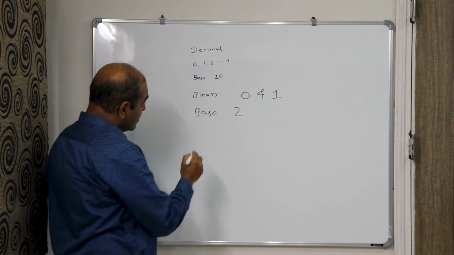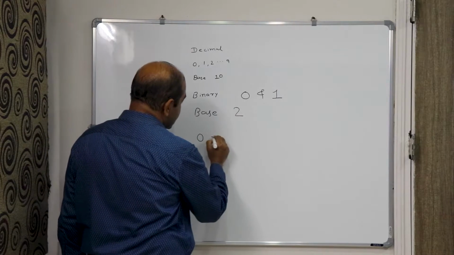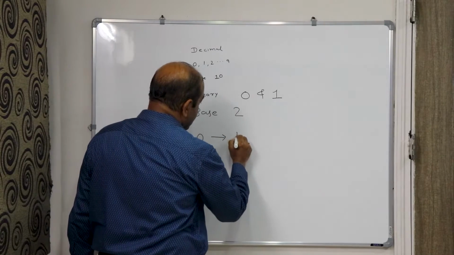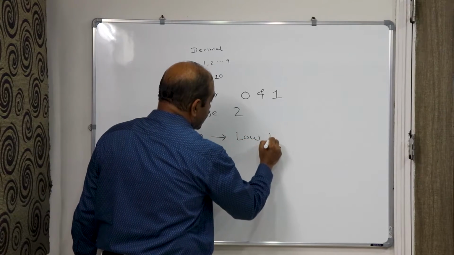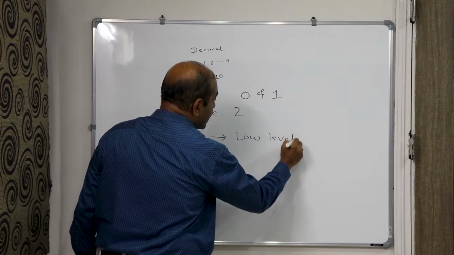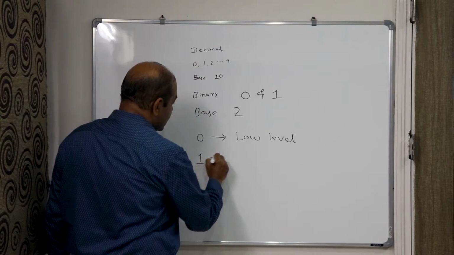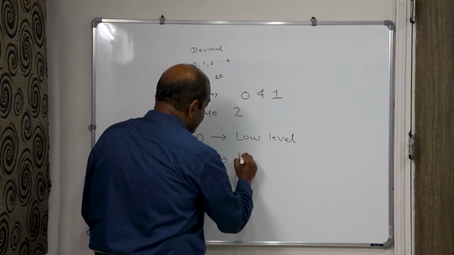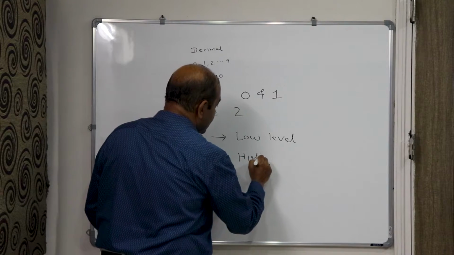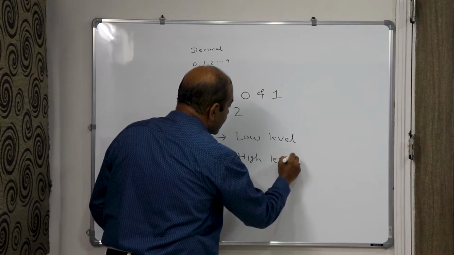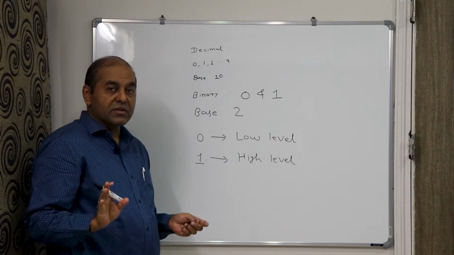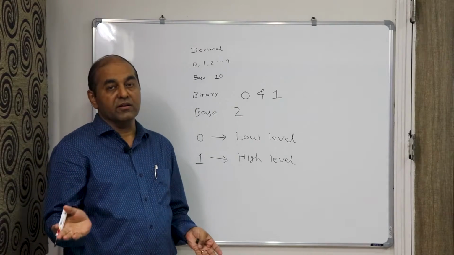Now here 0 means low level and 1 means high level. There are only two levels, either low level or high level.